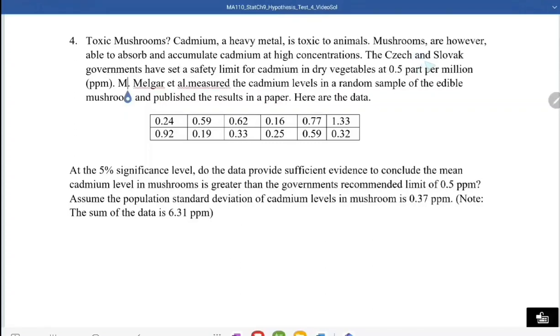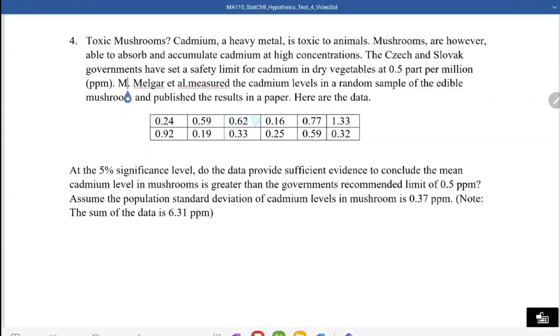So the governments of Czech and Slovak have specified a safety limit for the cadmium concentration as 0.5 ppm, right?